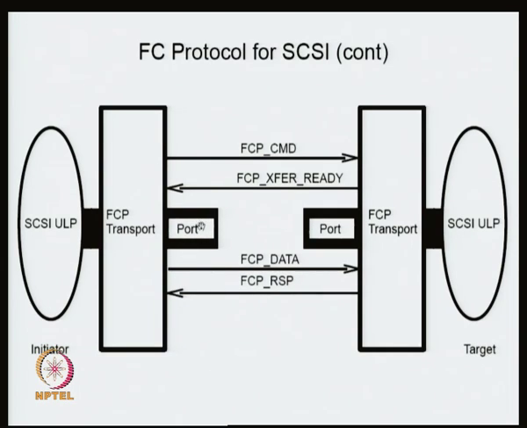Just like your IP address, you can have a port number and there could be another port number, and some routing is also done. We will not get into too much detail, but there is a whole infrastructure here which takes care of routing and discovery. For example, how do you know that there is some target out here?